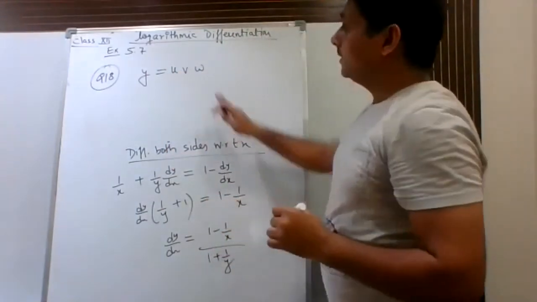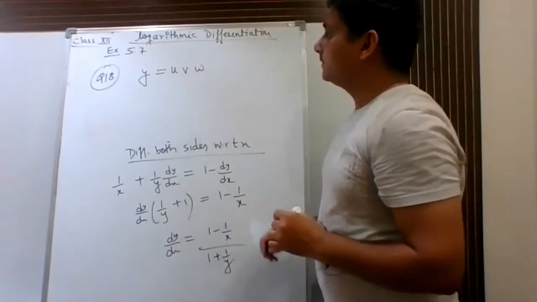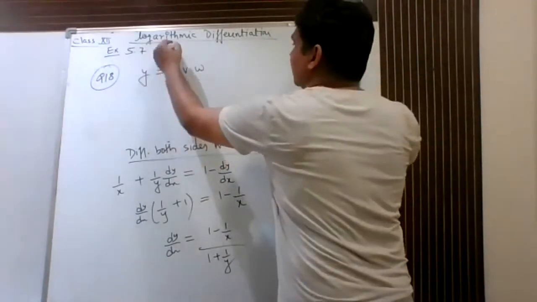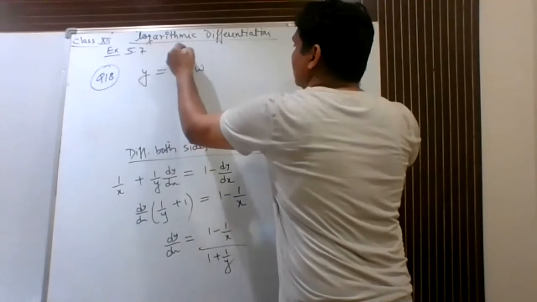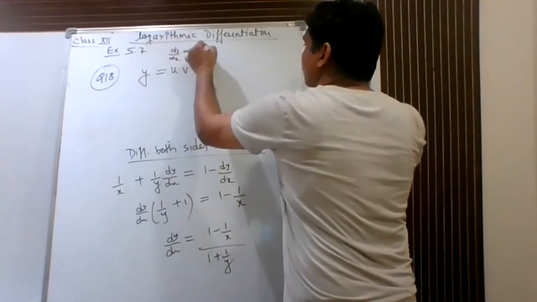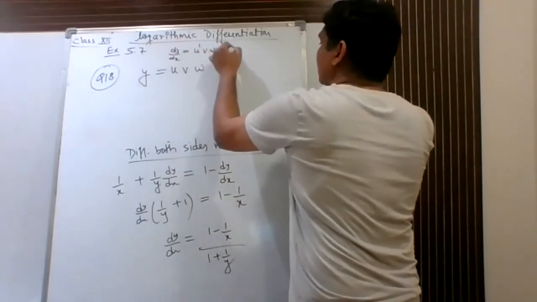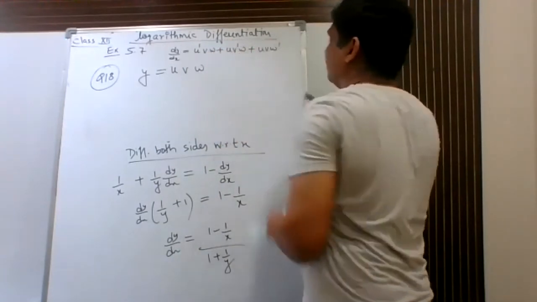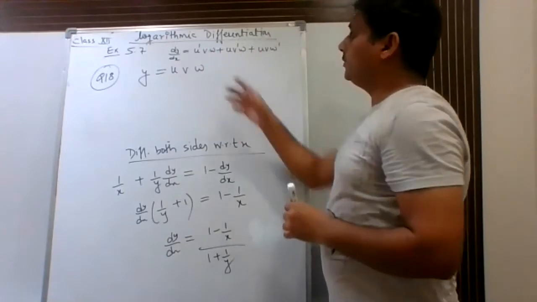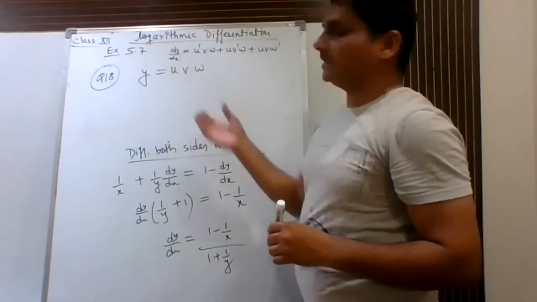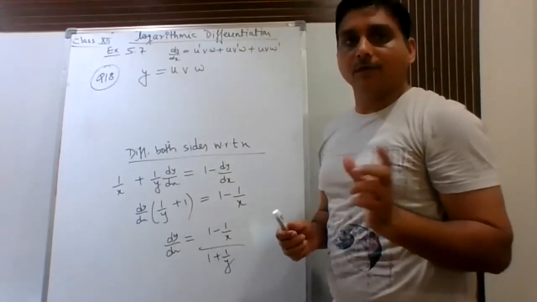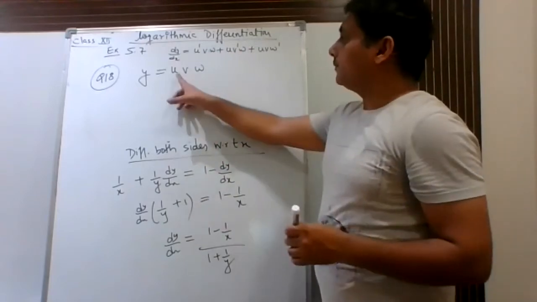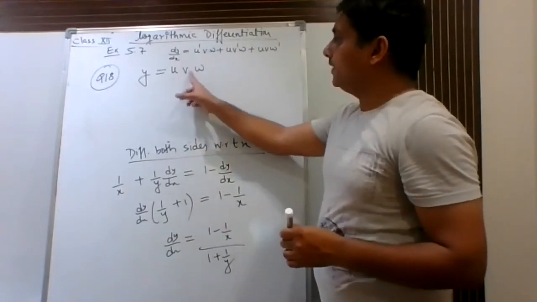Now we have to prove that the derivative of this expression is u dash, these two as it is, plus the second's derivative, then the third's derivative. So we need to prove this formula. So this is the product formula for three functions. So the product rule for three functions, it is uvw.